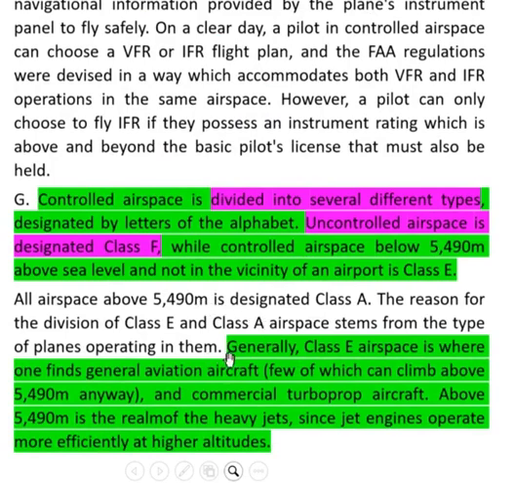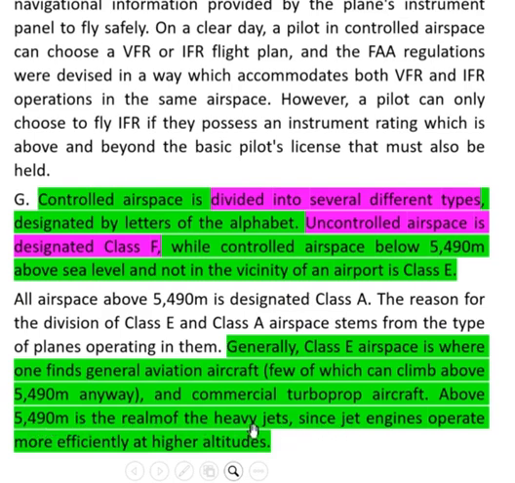Generally, Class E airspace is where one finds general aviation aircrafts, few of which can climb above 5,490 meters anyway, and commercial turboprop aircrafts. Above 5,490 meters is the realm of the heavy jets, since jet engines operate more efficiently at higher altitudes.